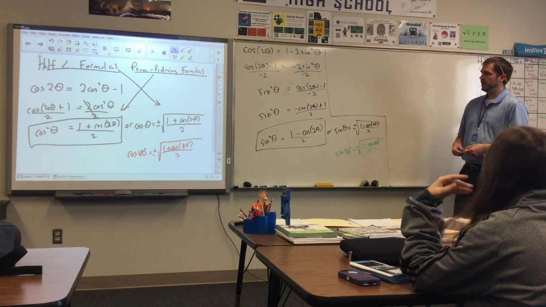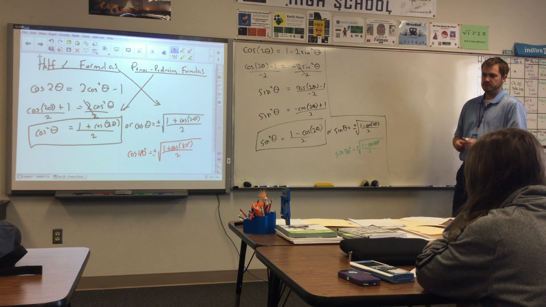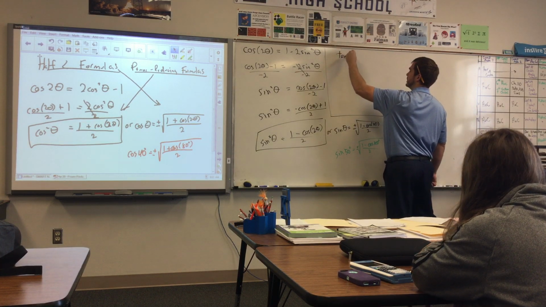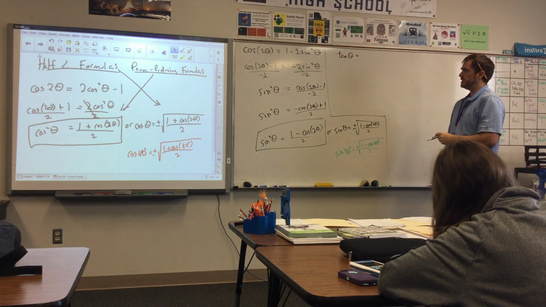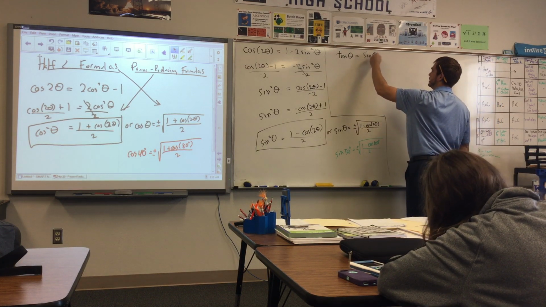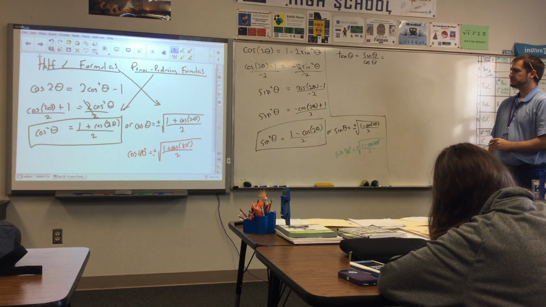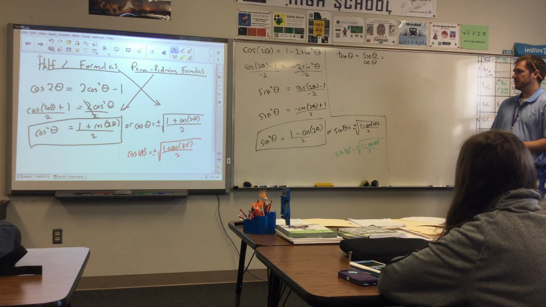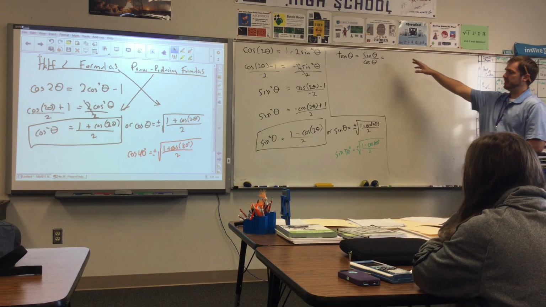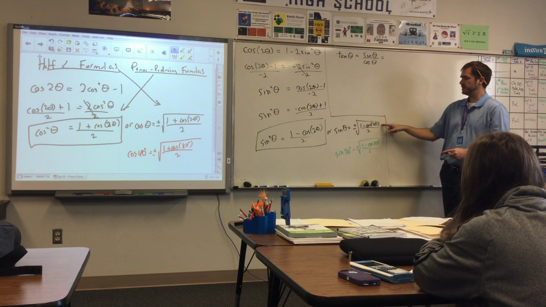We've dealt with sine, we've dealt with cosine. I want to show you tangent. So we know from our tangent and cotangent identities that tangent is equal to sine theta over cosine theta. So what I'm going to do now is plug in the sine and cosine that we just found, these crazy expressions for sine and cosine.